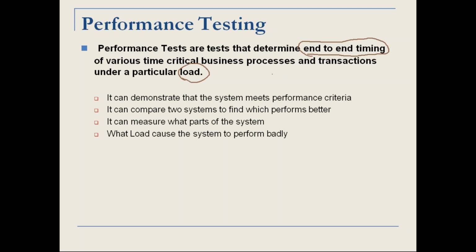Tomorrow, after 3 months, if the user load has increased to 5000 users, definitely the application would not be performing at a 5 second response. Okay. So generally when we do performance tests, we do it for the current market loads and also for the future market loads. Okay.